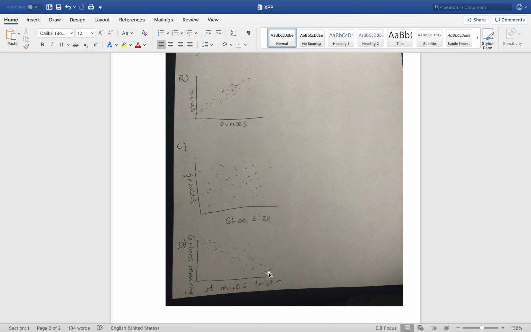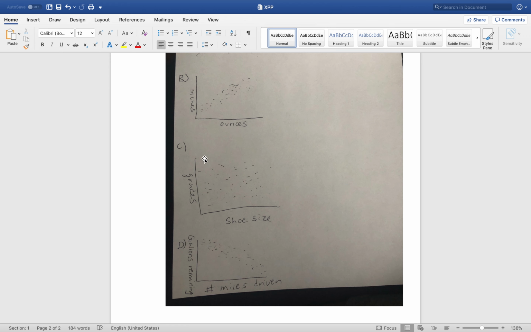This makes sense if we think of our car. The more miles we drive, the less gas we're going to have in our tank. That's just how a car works. So the number of miles driven is going to explain the amount of gallons remaining. In this case, I did a negative slope going down, because the more miles driven, the fewer gallons remaining.